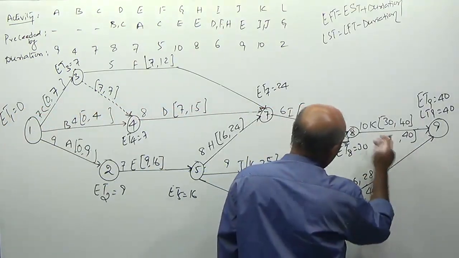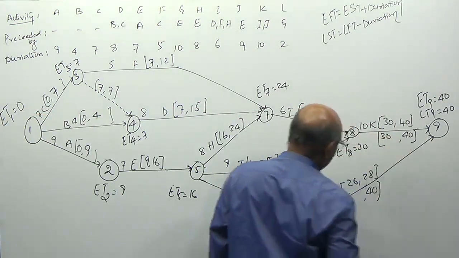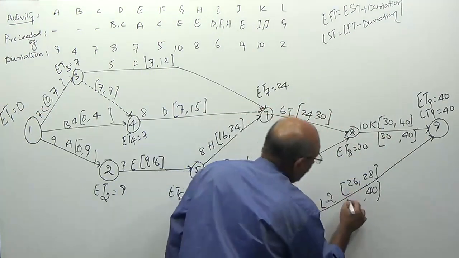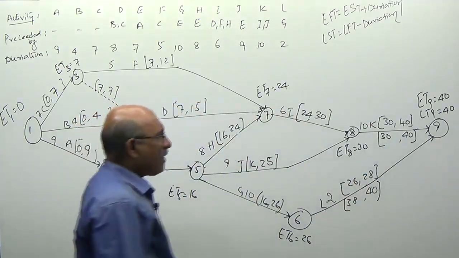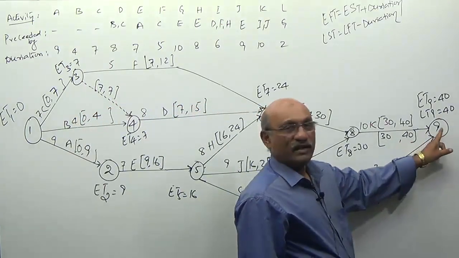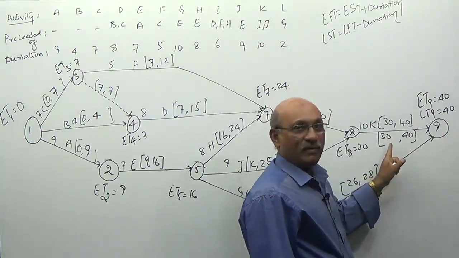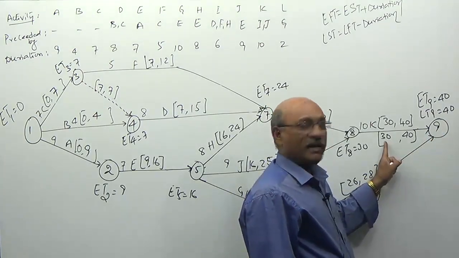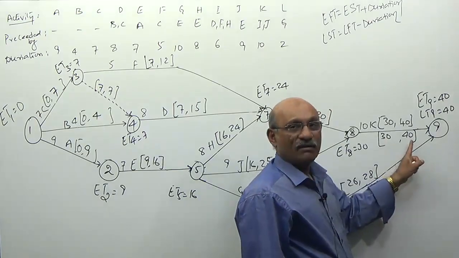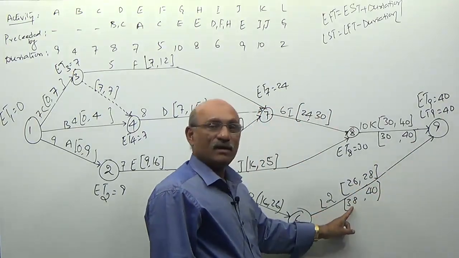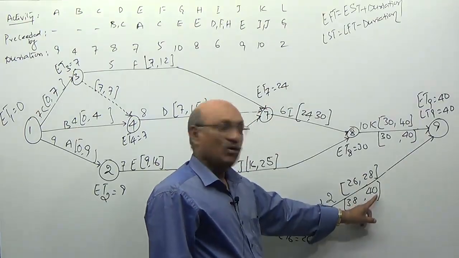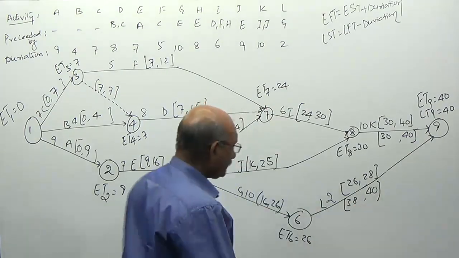So, 40 minus 10 is equal to 30. 40 minus 2 is equal to 38. So, to complete this project on the 40th day, activity K, you have to start on the 30th day and complete it on the 40th day. Activity L, you have to start on the 38th day and complete it on the 40th day.